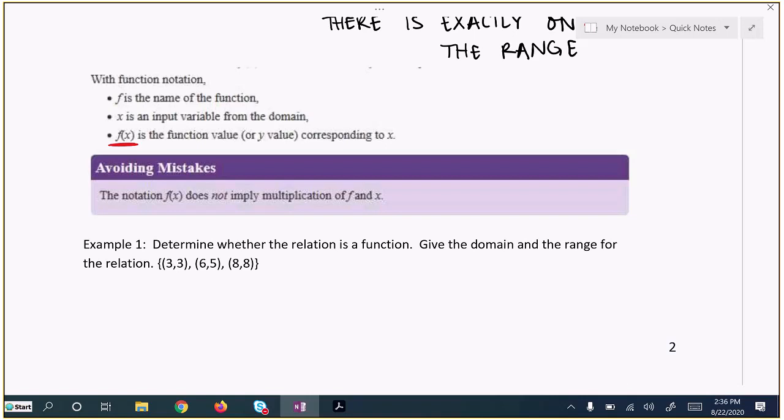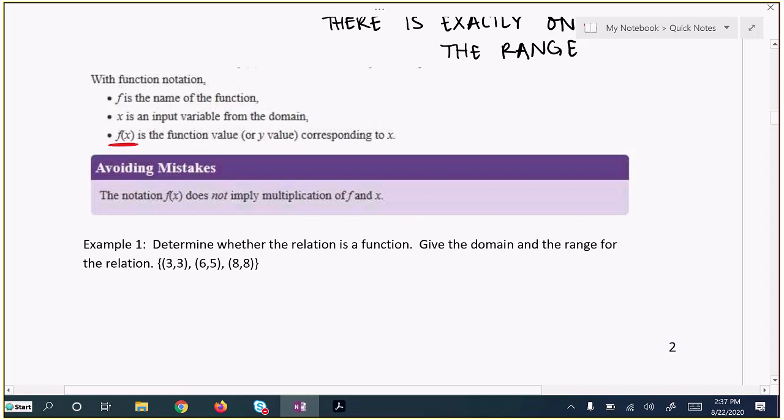That name is f, and that this will be a function of the variable x. So f is the name, x is an input from the domain, then f of x, when we write this way, represents the corresponding output from the range, which is often the y value.